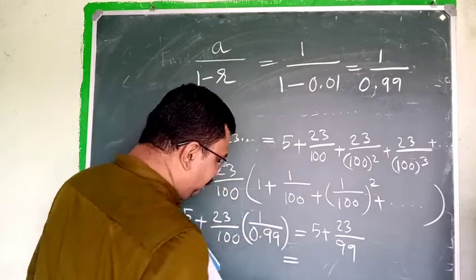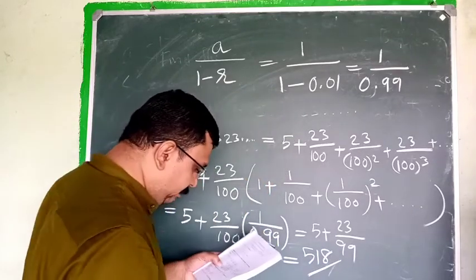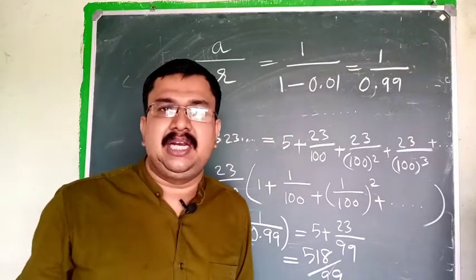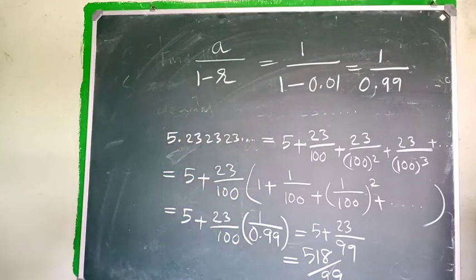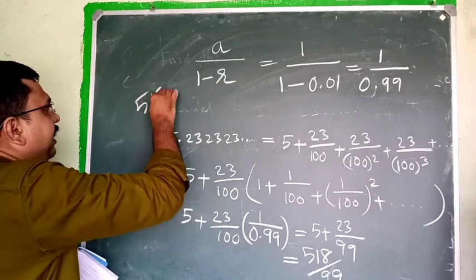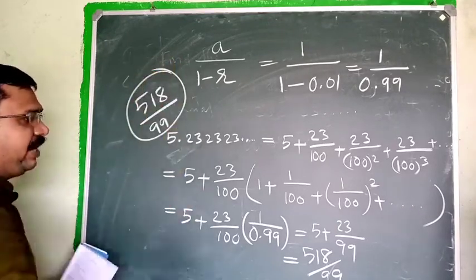When we are solving we get 518 divided by 99. That is our final answer. Final answer is 518 divided by 99.